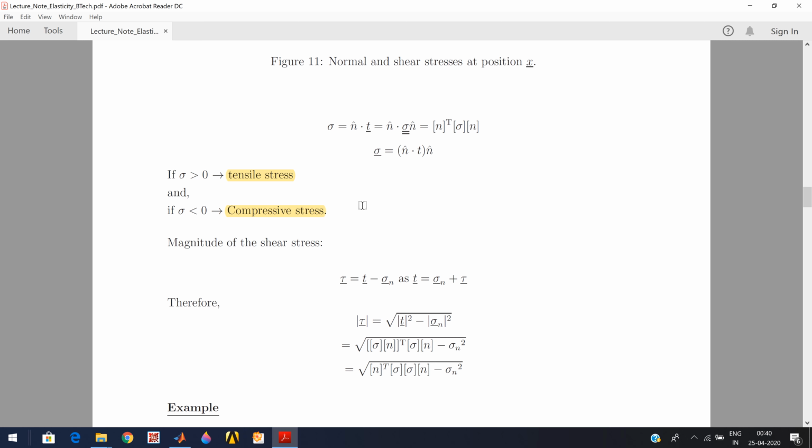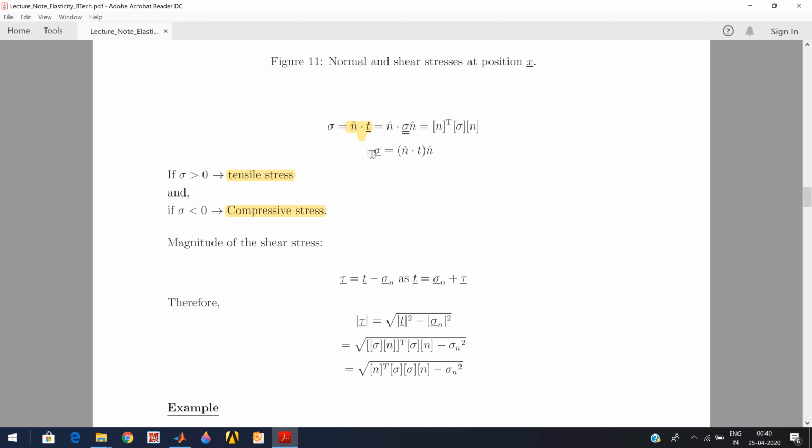All right, so now you know that sigma is the component of the traction vector along the normal vector. So that's why we can find sigma as n dot t, and t is sigma n. So n dot sigma n. In matrix form it is n transpose sigma n.